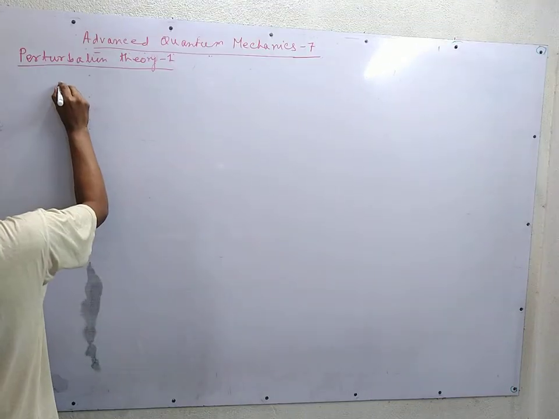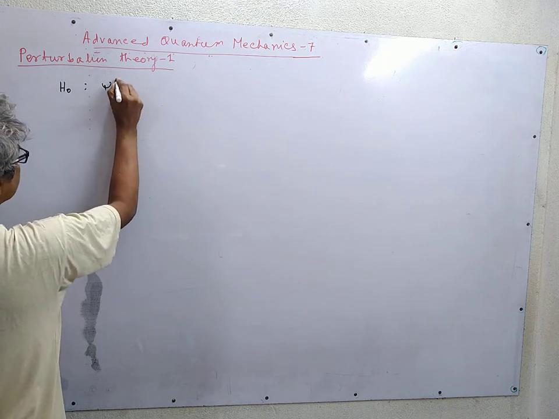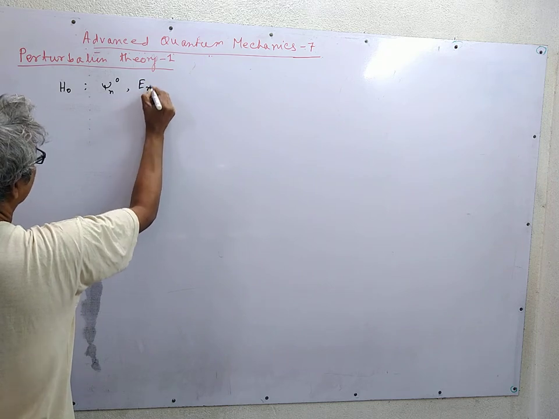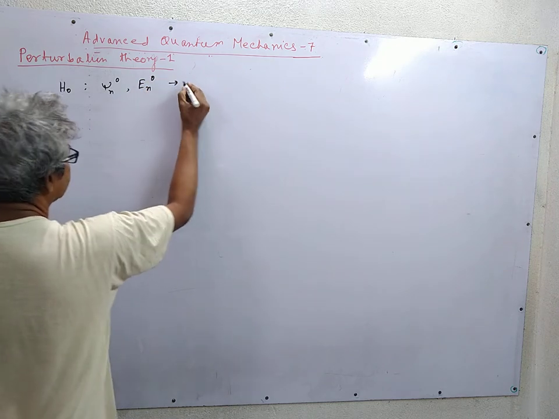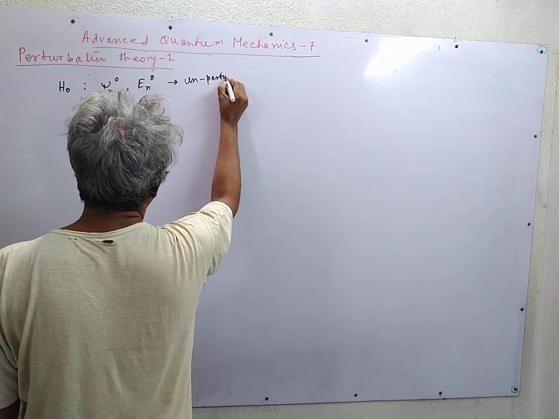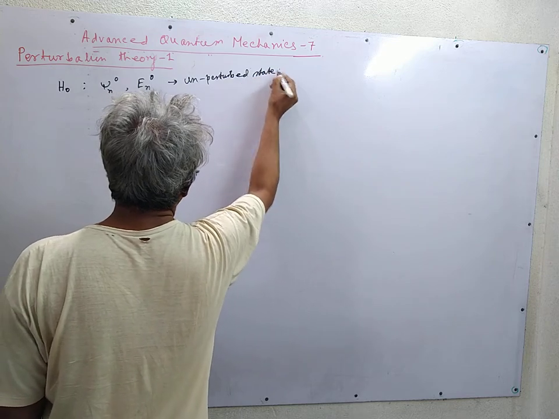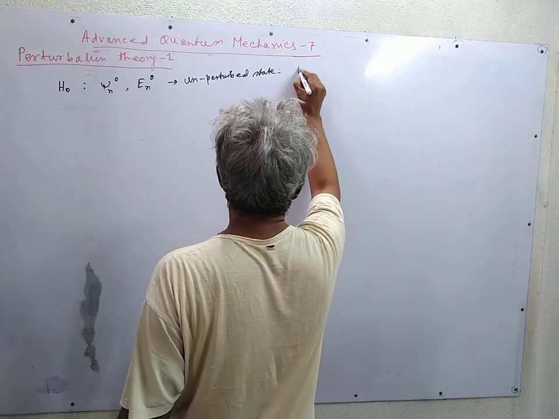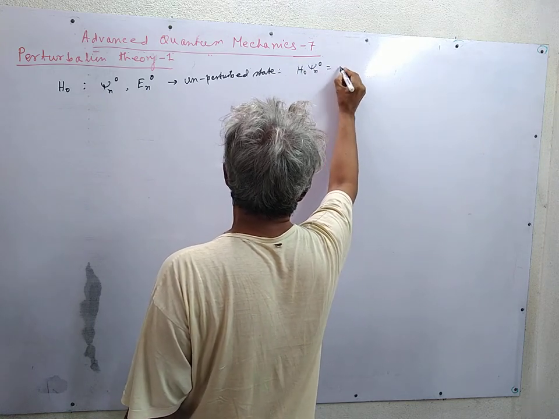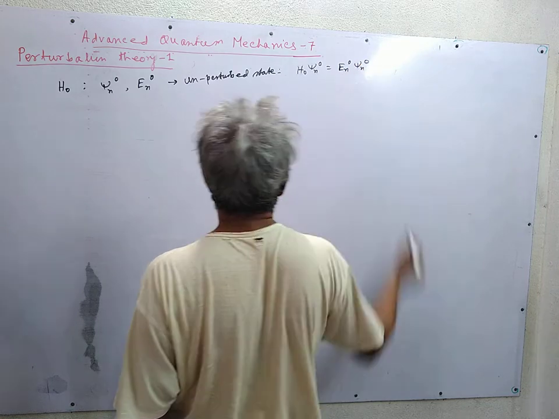The Hamiltonian is H0 and the eigenstate is psi n0 with energy En0. This is the unperturbed state, and this satisfies H0 psi n0 equals En0 psi n0.